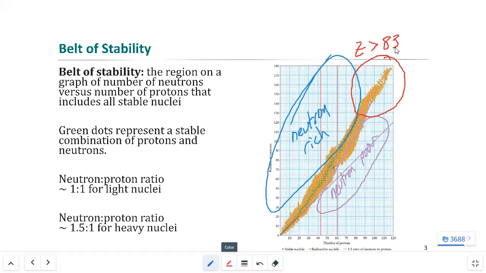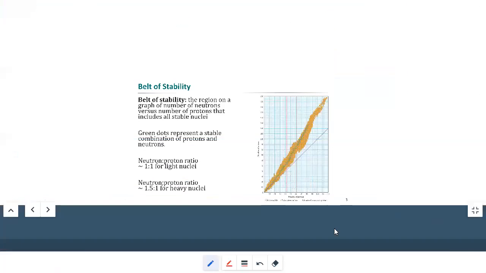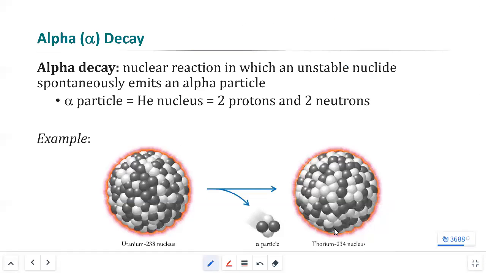So what happens if we are above element number 83? And we're not just dealing with a neutron-rich, neutron-poor kind of situation. Well, in that circumstance, that's where alpha decay comes in. Because in alpha decay, what it allows the unstable nucleus to do is basically shed weight.